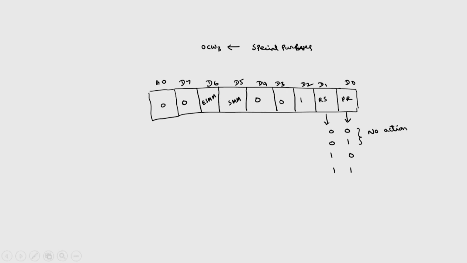In case of 1, 0, read IR on RD pulse. Next RD pulse. Read IPR on the next RD pulse if it is 1, 1. This is the read bar pulse actually.